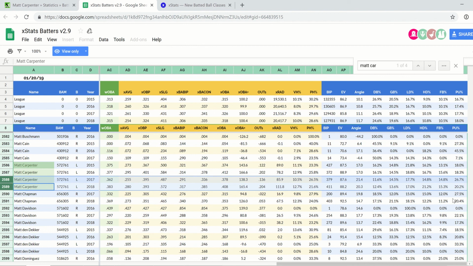So as you do your baseball research this year, and you look at hitters who have high fly ball percentages, take a look at what their batted ball profile looks like on xstats.org. Figure out whether they are hitting the ball well in the air, or whether they're hitting a lot of fly balls which is just going to drag down their batting average.